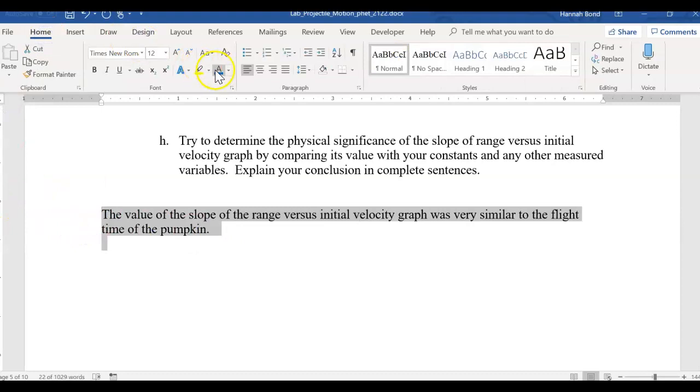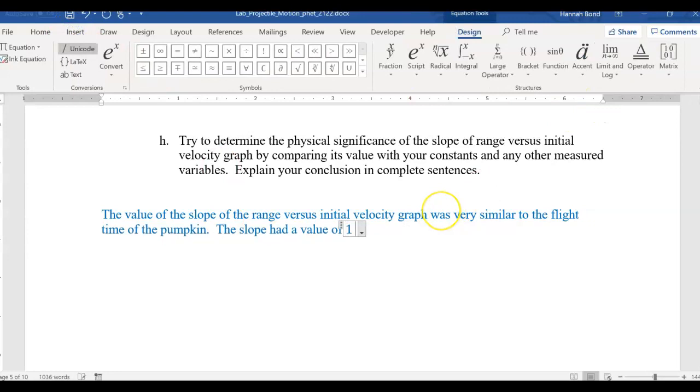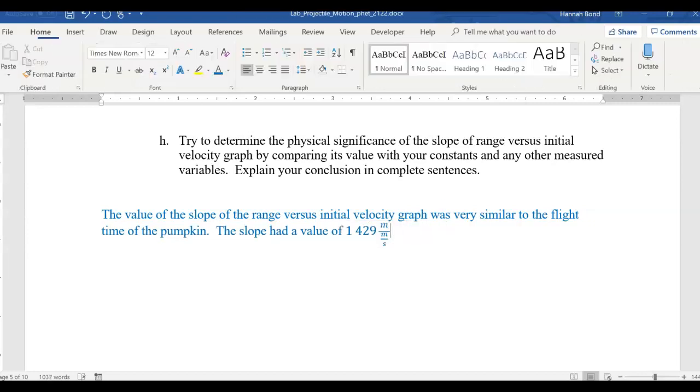The slope had a value of 1.428, and it was meters over meter per second. And the flight time had a value of 1.43 seconds. So the values are pretty similar: 1.429 rounds to 1.43, and then we had a time of 1.43.